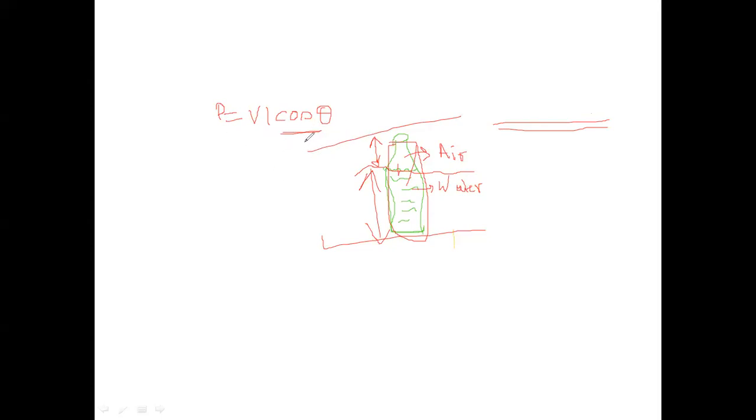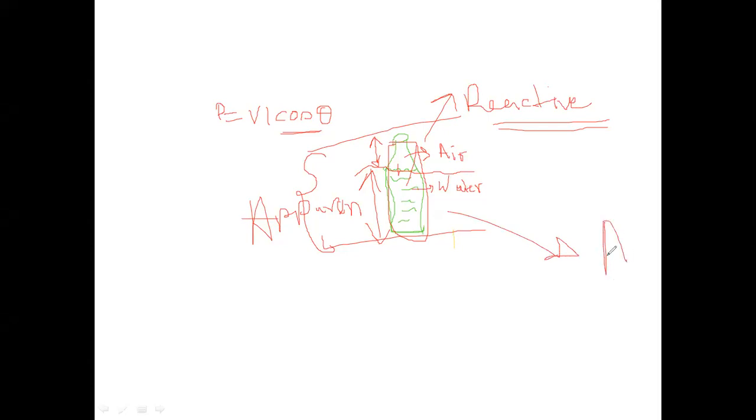This is the reactive power and the active power, and the total is called the apparent power. This total power is called apparent power. This is called reactive power. This is called active power.